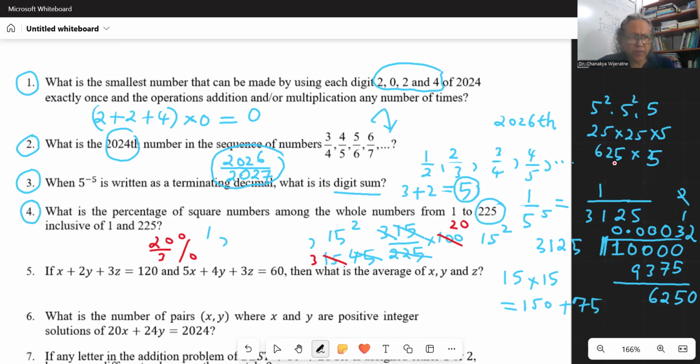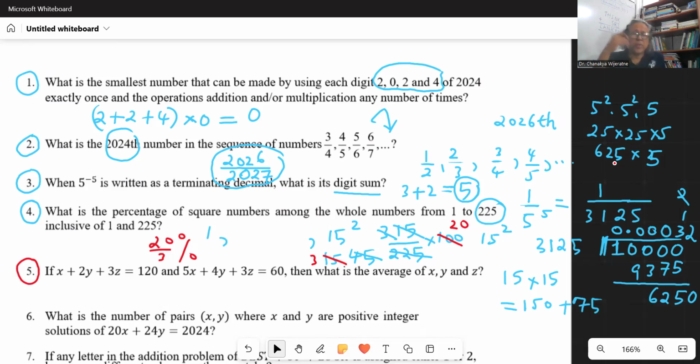And then we have this question, number 5. If x plus 2y plus 3z is 120, and 5x plus 4y plus 3z is equal to 60. I'm also used to this because I studied in USA for some time. Then what is the average of x, y, and z?